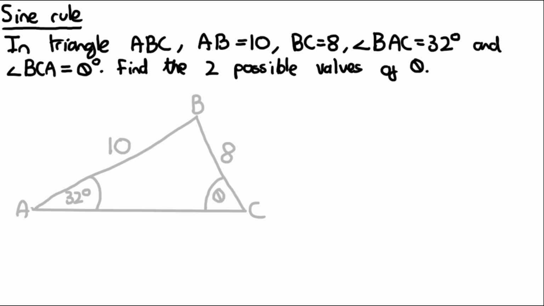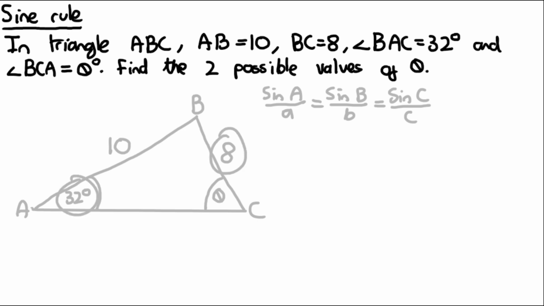So let's just do this. Because we need to find an angle, it's going to be sine A over a with the angle on top, is equal to sine B over b, is equal to sine C over c. Okay, so the opposite angle and side pair here is 32 and 8.